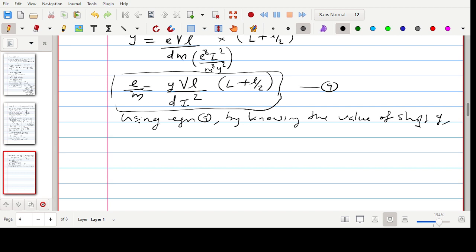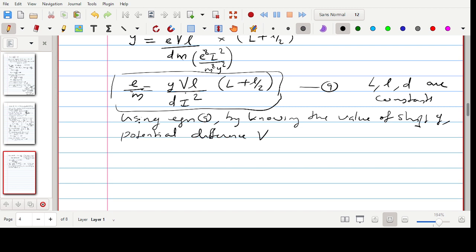Then this electric field potential difference V, you can measure directly. Then this L and D are constants. They will be given along with the instrument. So these are constants. We are not varying their values. So they are already known. So L, D are known.